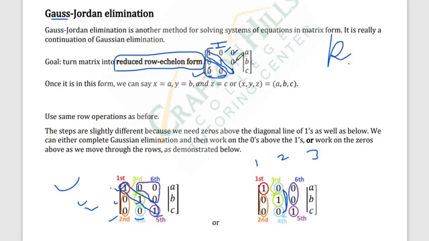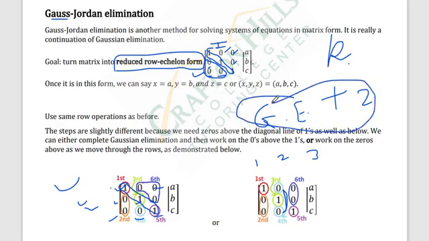These three elements we also have to transform into 0. So Gauss-Jordan is Gaussian elimination plus 2 or 3 steps like this, the fourth, fifth and sixth steps. So both are not different at all, Gauss-Jordan and Gaussian elimination.